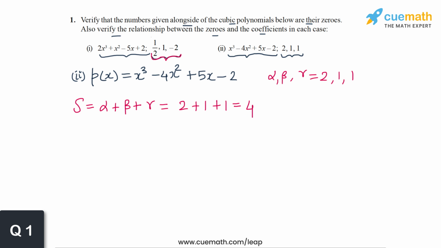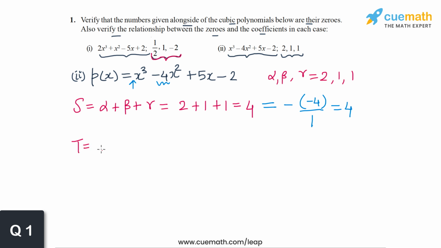So this value we derive from the zeros themselves, and from the coefficients this should be equal to minus of the coefficient of x square, so minus of minus 4 over the coefficient of x cube. So the coefficient of x cube is 1, so this is equal to 4. So the sum is 4 from both the zeros as well as the coefficients. Now let's find the sum of the zeros taken 2 at a time.